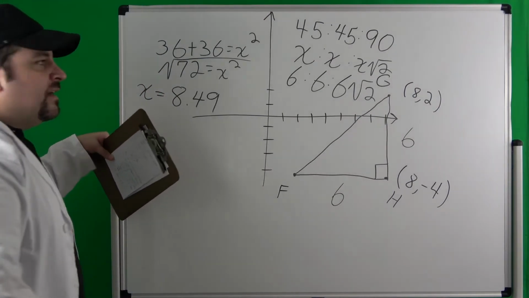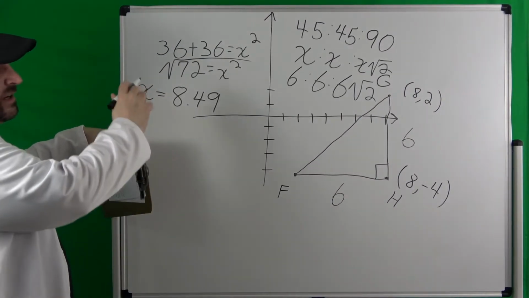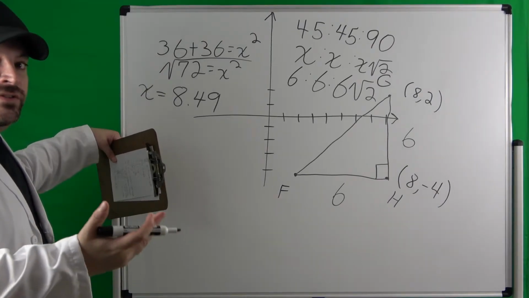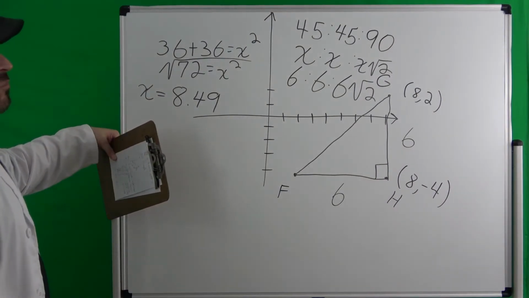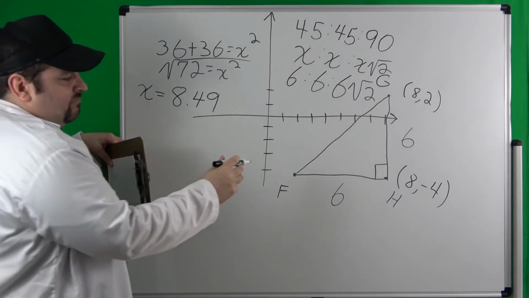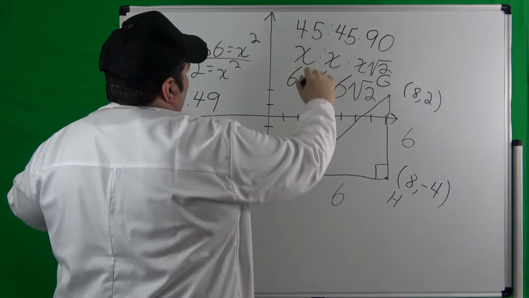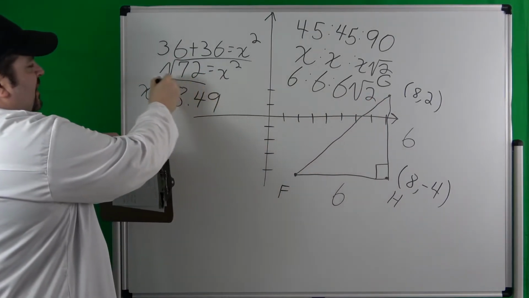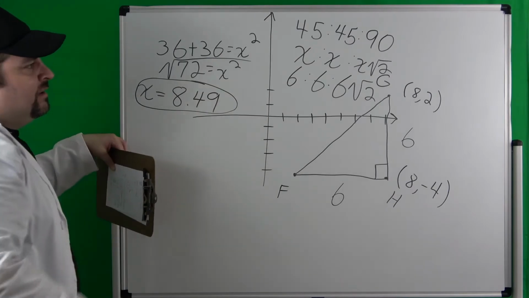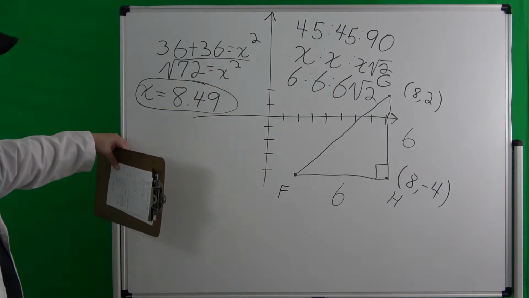So whichever way, for a lot of people, the Pythagorean Theorem is always going to be the go-to and the easier one. But the more you do some of these more trig problems, you might recognize right off the bat that it's that, and just do 6 times radical 2, and you'll get the same thing. So it doesn't matter. Whichever way is easier.